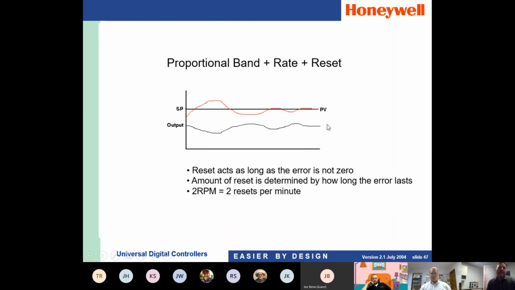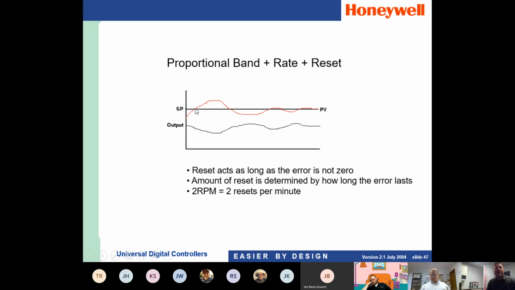When we add all three, this isn't a really good depiction of optimal tuning, but it will show you that initially, if we only had proportional band, we get this initial swing above and below set point. And then eventually, when we're adding in reset, you should see that process variable come back down to set point and equal the set point and control pretty well after that.